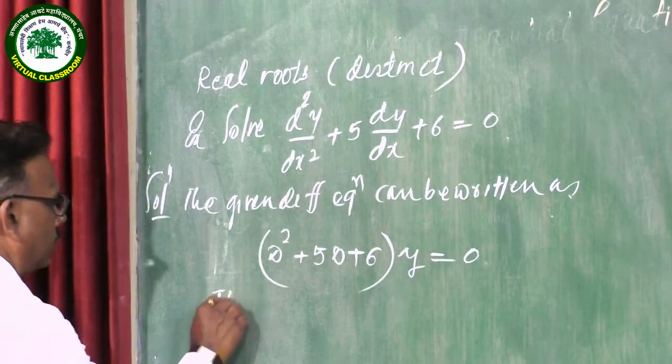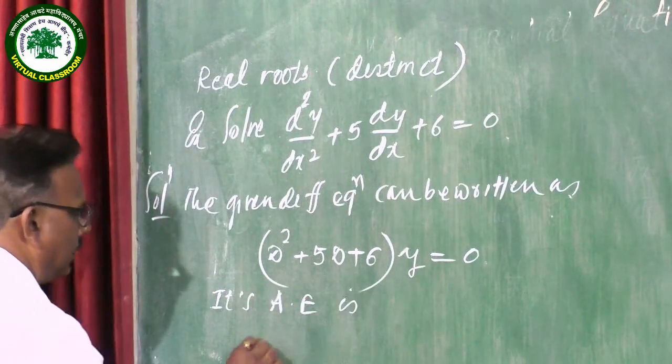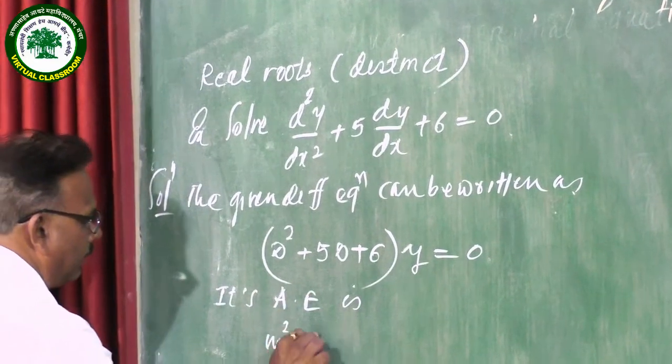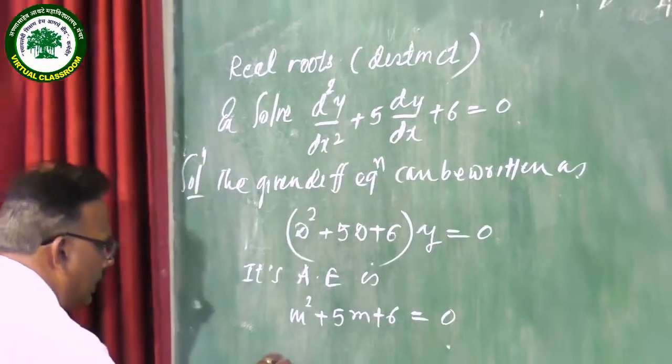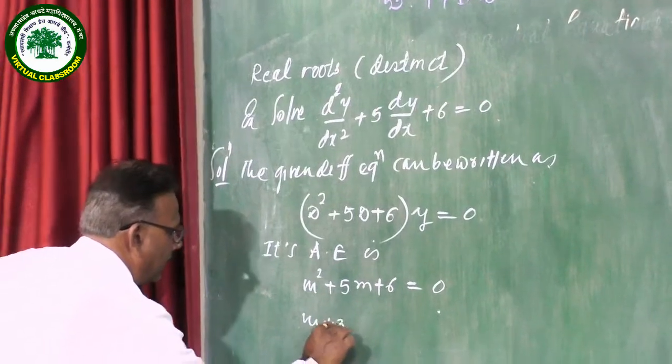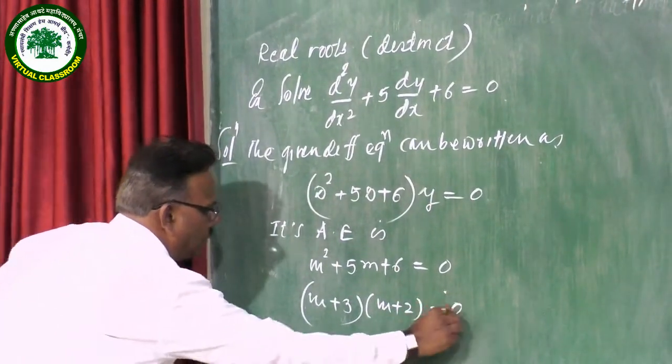Therefore, its auxiliary equation is m square plus 5m plus 6 is equal to 0, that is m plus 3 into m plus 2 is equal to 0.